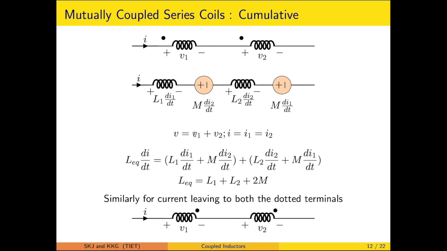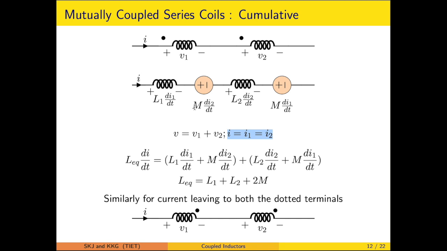We know that in this particular case the current is common, so that will be substituted at a later stage. When the current I1 is entering the dotted terminal, mark the dotted terminal of the second coil as positive. Current is entering the dotted terminal in the second, so mark the dotted terminal of the first coil as positive.